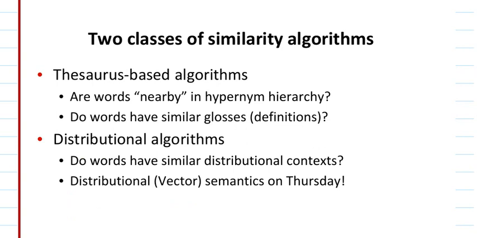So are the words nearby to any other word in the hypernym hierarchy or the WordNet graph? Or second method is, do these words have similar glosses? Similar glosses means that a particular sense of a word has similar glosses. Now we will again see how we calculate the similarity in glosses by some method.